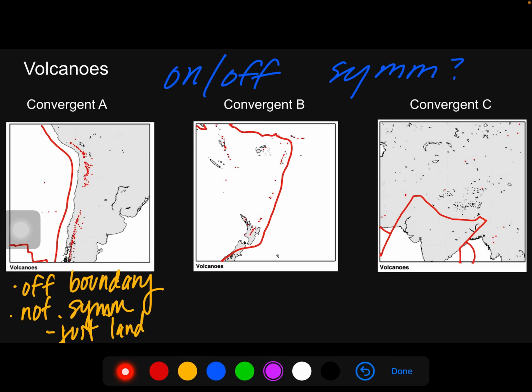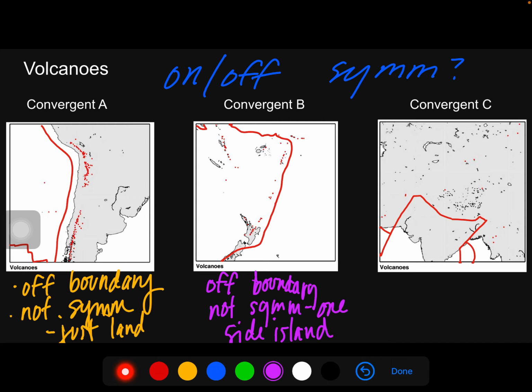Convergent, you can see the boundary. Definitely not as many earthquakes here, but they are still abundant off boundary. And again, not symmetrical. They're mostly on one side, and that side is, like we said before, the island side.